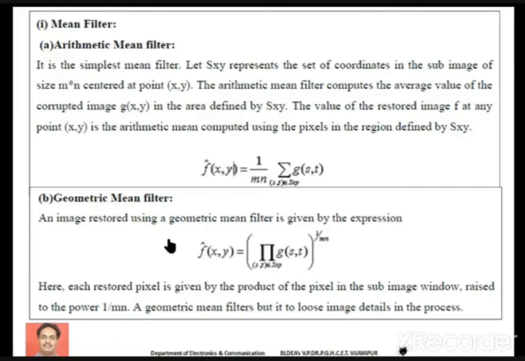However, the geometric mean filter leads to loss of some image details while carrying out the filtering operation. Next, we have one more mean filter.